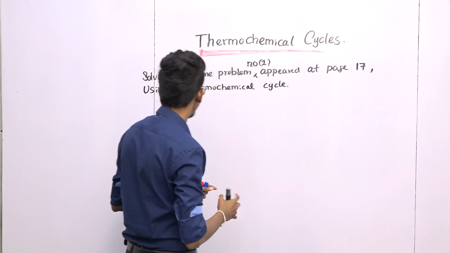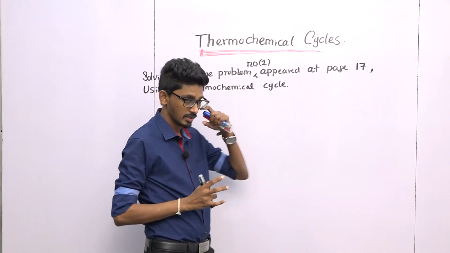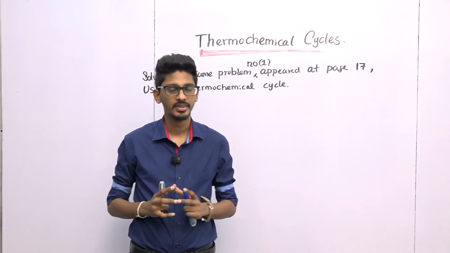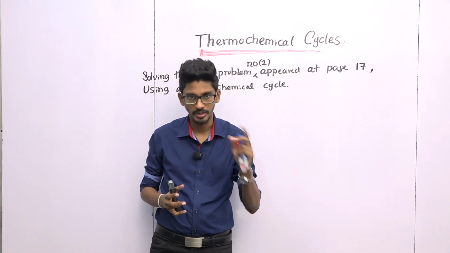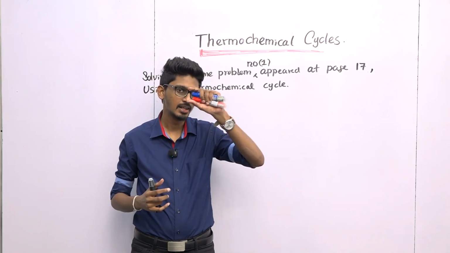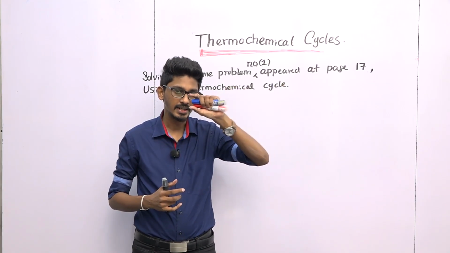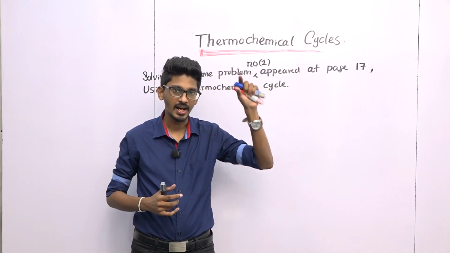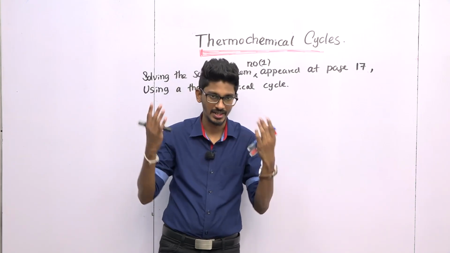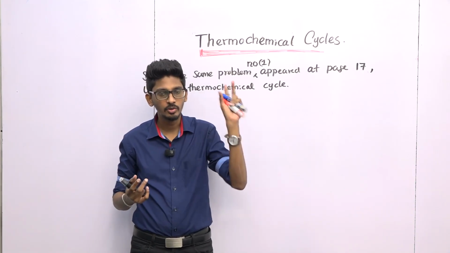Right? First of all, what was the question? When using a thermochemical cycle to solve problems, the first thing to do is write the thermochemical equation relevant to the goal.